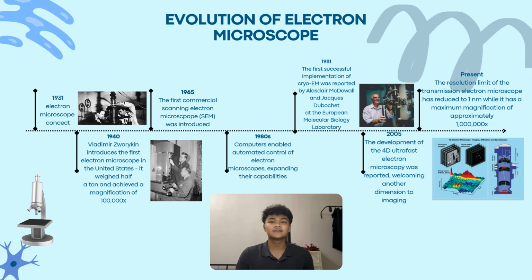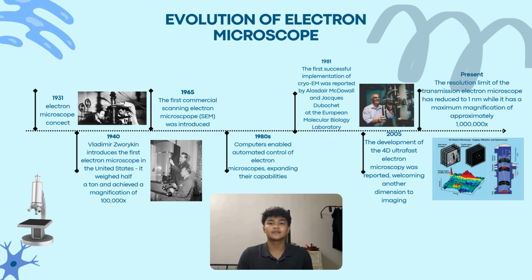Then came the digital revolution of the 1980s. Computers were integrated to enable automated control of electron microscopes, vastly expanding what they could do and making them much easier to operate. Right around the same time, in 1981, a massive breakthrough in biological imaging occurred.